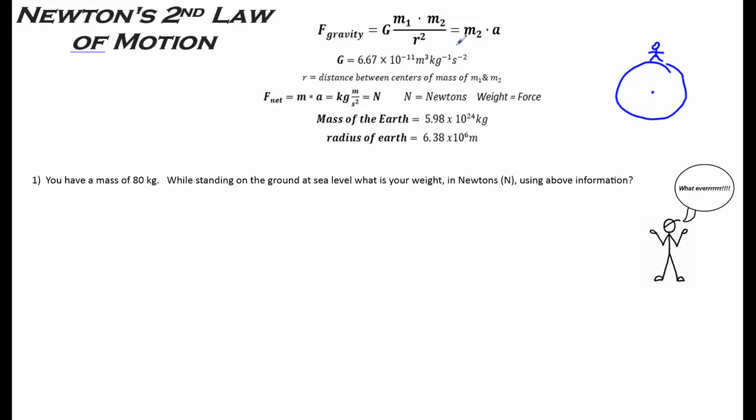So this R is not the distance from the person's body to the surface of the Earth, but to its center of mass, which, for the Earth, its mass is distributed evenly, so the center of the sphere of the Earth is its center of mass.